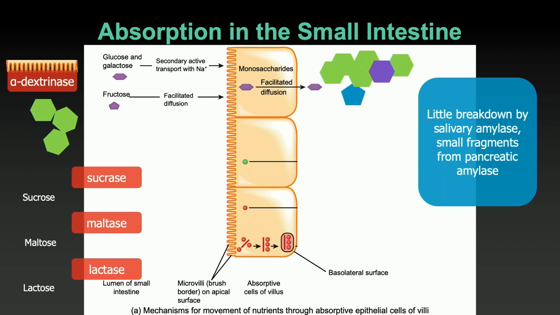Facilitated diffusion. For carbohydrates, it really is that simple. The large majority of breakdown into individual carbohydrate units, monosaccharides, occurs via this mechanism. There are small bits left over after the pancreatic juice has a crack at the incoming food. The individual carbohydrates are released in this way.